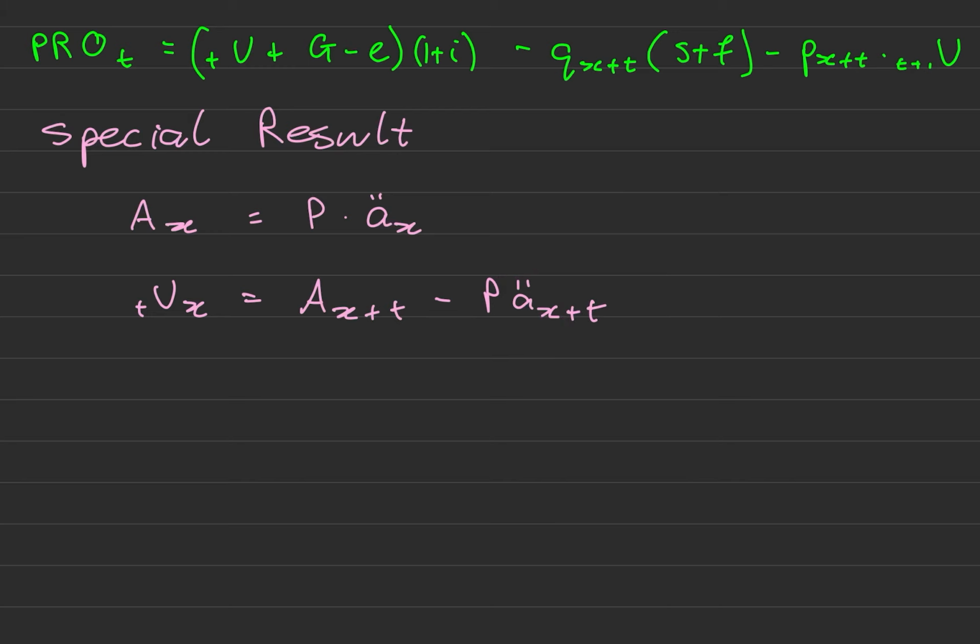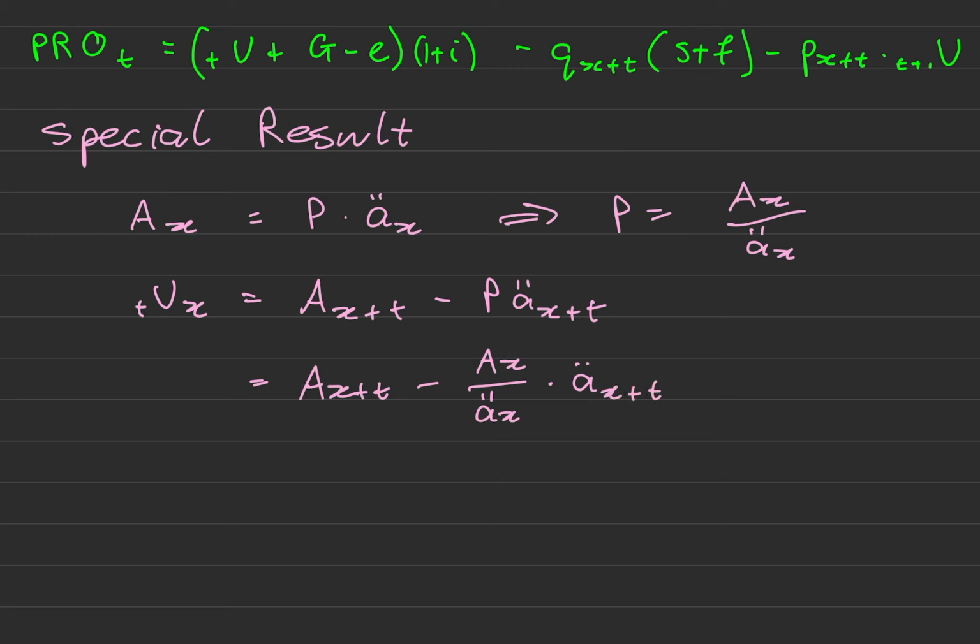Okay. Then, what you notice is from this line, I can rearrange to get P is equal to A_x over ä_x. Alright? So, I then substitute this in for P. And what I then end up with is A_{x+t} minus A_x over ä_x times ä_{x+t}.